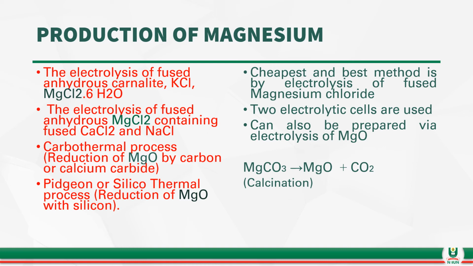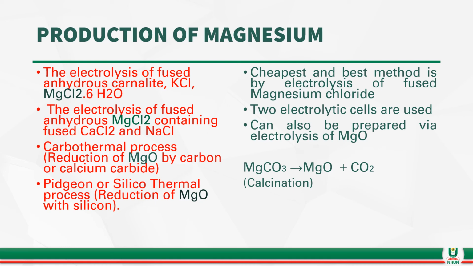But we can also prepare magnesium metal via electrolysis of magnesium oxide. The magnesium oxide is gotten by calcination, that is, heating magnesium carbonate to yield magnesium oxide and the liberation of carbon dioxide. This magnesia will then be dissolved in a mixture of fused fluorides of magnesium, barium and sodium in a steel tank.